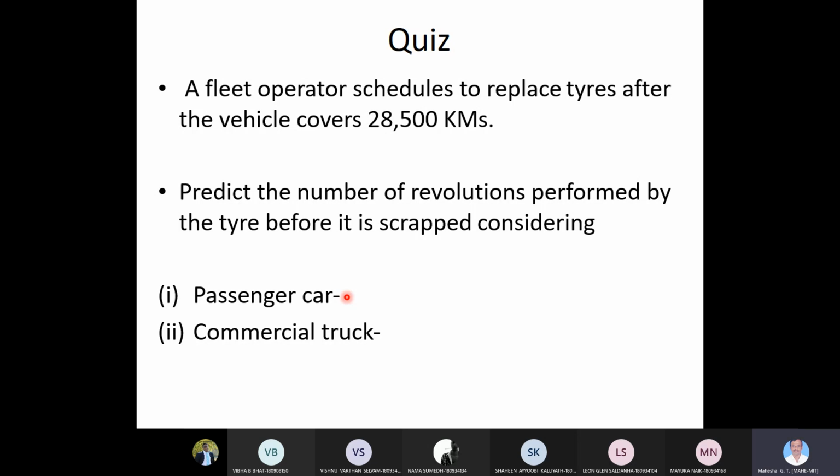Even in real life, they will last around 20,000, 20 to 25 depending upon road condition, and then they need to be replaced.